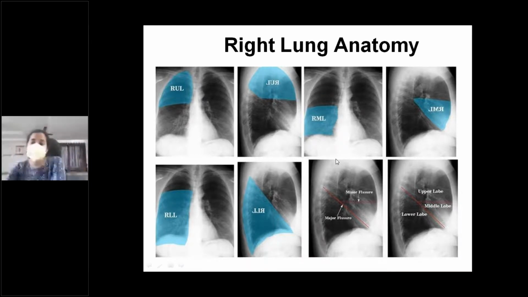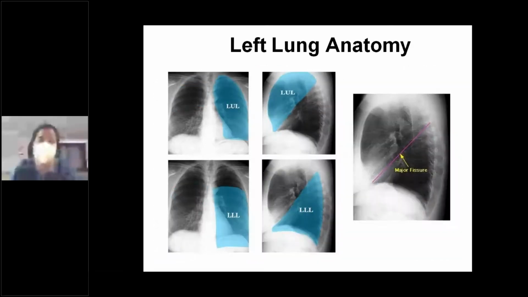This is how you can divide the lobes, and if you find any pathology, you can just attribute it to that lobe. Especially pathologies like consolidation, they tend to be more lobar. So you can actually attribute it to that lobe and easily identify the sign.